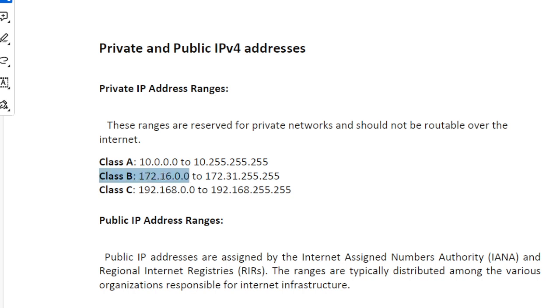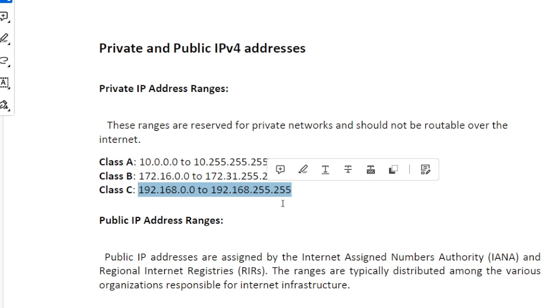Class B is starting from 172.16.0.0 to 172.31.255.255, and Class C starts from 192.168.0.0 to 192.168.255.255. Okay, so this will give us around 65,000 available IP addresses, I think.